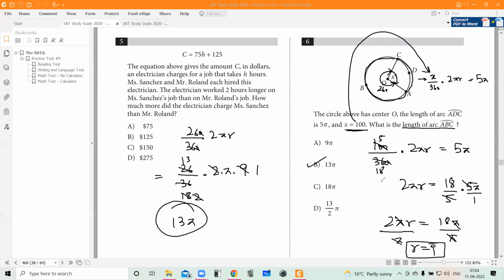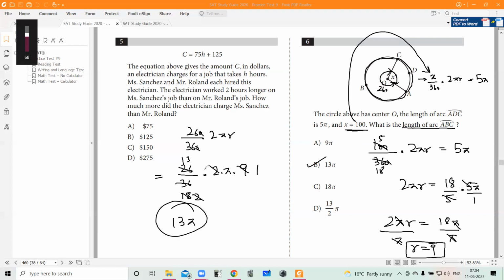So we use the formula, we calculate the r, and then we plug in the r in that formula which is needed in the question, the length of the arc ABC. Is that okay? Yeah. So can you quickly tell me what we did here? Yeah, so we used the x, which was 100, and we put it in the formula of the arc.